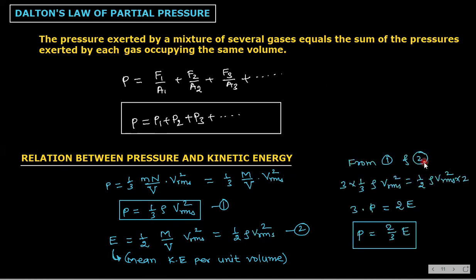Now from equation 1 and 2, if we multiply this equation with 3 and this equation with 2, then you will get the same thing. So 3 into 1 by 3 rho Vrms square is equal to 1 by 2 rho Vrms square into 2. You will get the same. This is nothing but P, and this is nothing but E. This 2 as it is. So 3P is equal to 2E, and therefore P is equal to 2 by 3 E. This is the relation between pressure and average kinetic energy per unit volume.